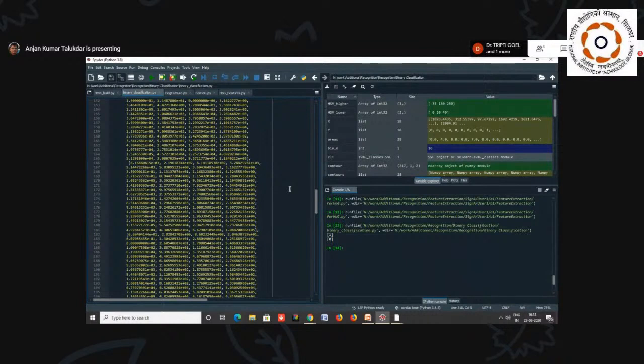Suppose he or she has some motor neuron problem, they may not be able to do the gesturing properly. So this can be one technique through which we can detect some kinds of diseases in a person.